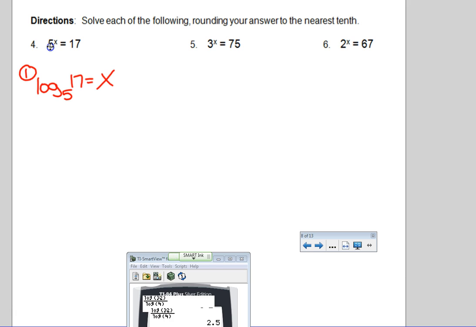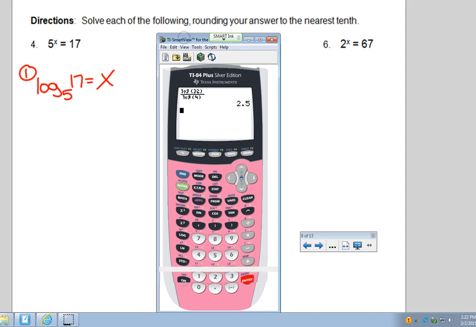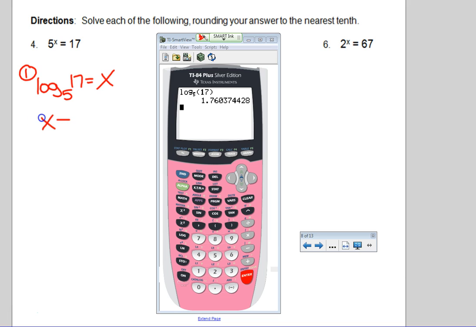Then you can put that in your calculator. All right, and our directions say to round to the nearest tenth. So that x answer rounded to the nearest tenth is 1.8.